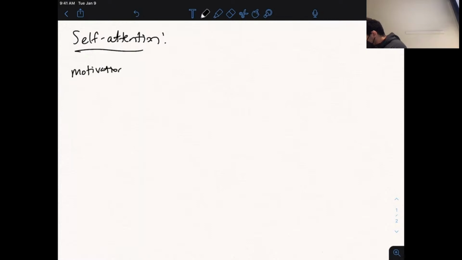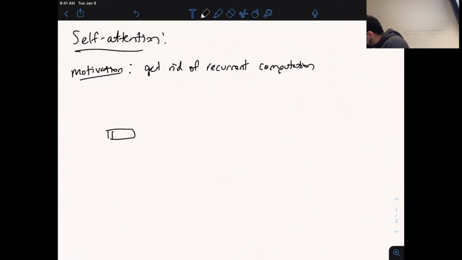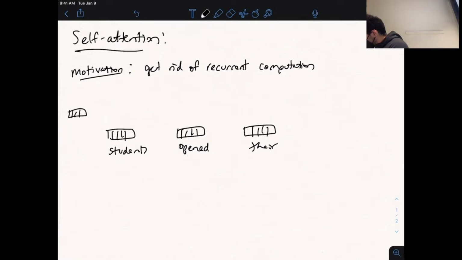Motivation: get rid of recurrent computation. So let's say I have my standard example here. I have students opened there, and in the recurrent neural network, I have some initial hidden state. I'm not going to write out all the equations again.